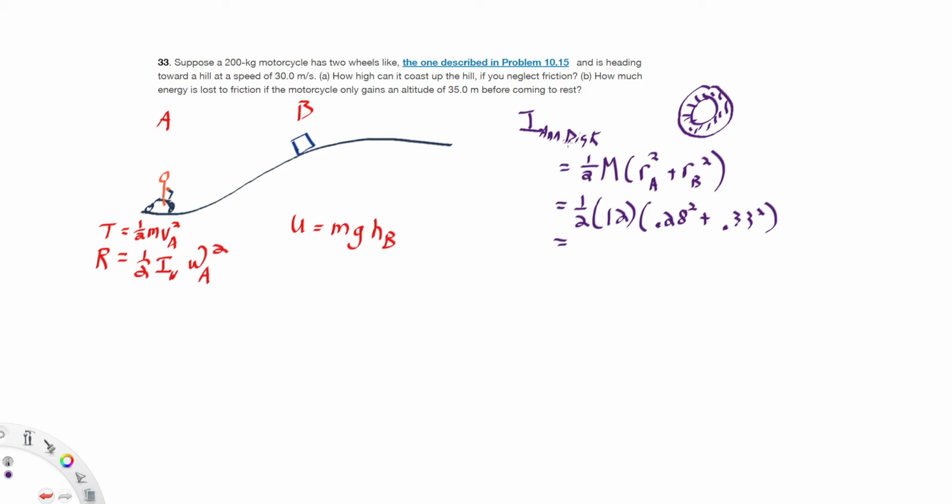Where am I getting these numbers from? Problem 10.33 says to refer to problem 10.15, so I'm pulling these numbers from problem 10.15.